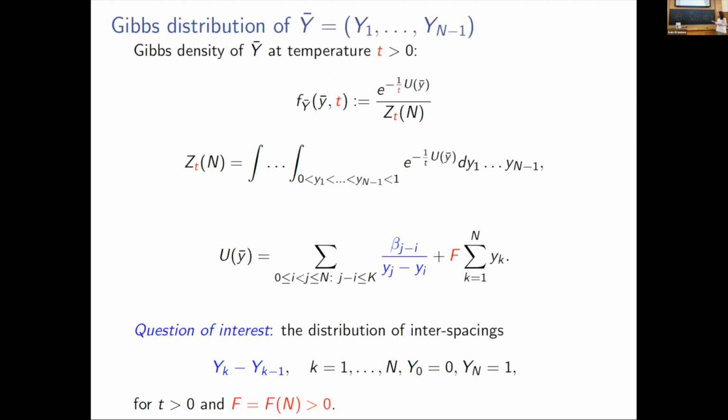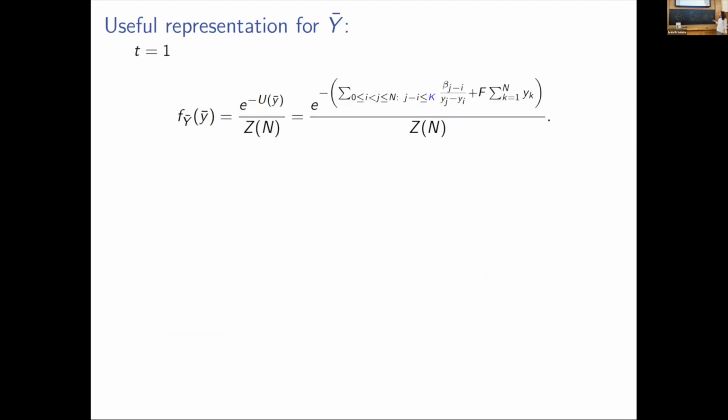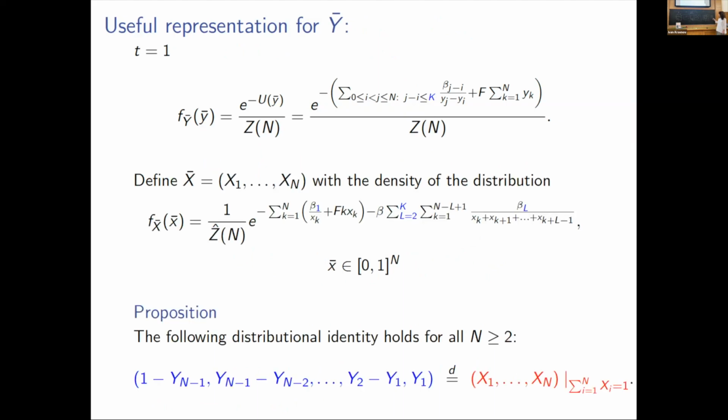To see what the model is about, and to see some features of that, here is a very useful representation. I rewrite once again what I will do now: take out the part which doesn't have any interaction, which depends only on X_k.